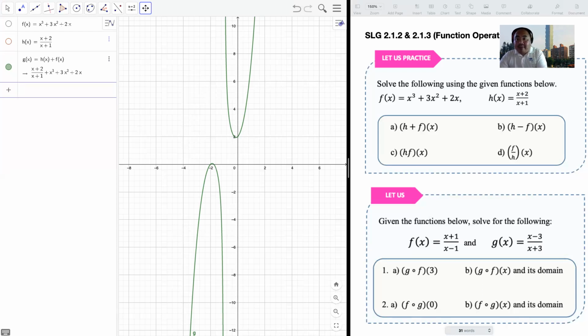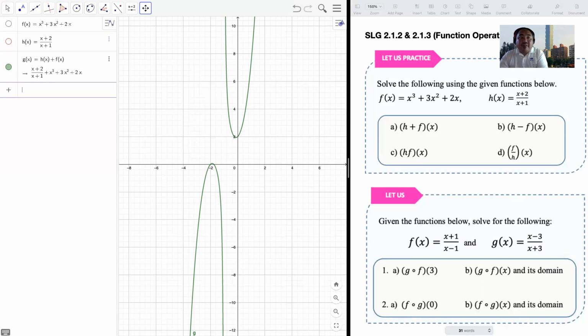Like earlier, we have said that the limitation of GeoGebra for now is that it is not able to simplify this expression. So you will see that this is written in a very rudimentary way, and if you wish, you can simplify this on your own on your paper.